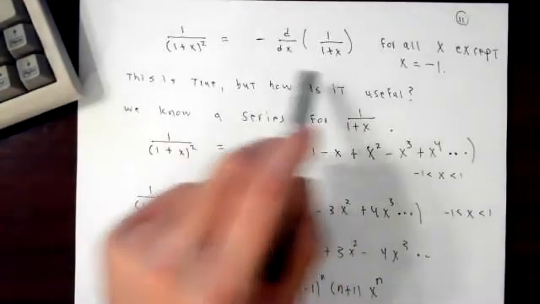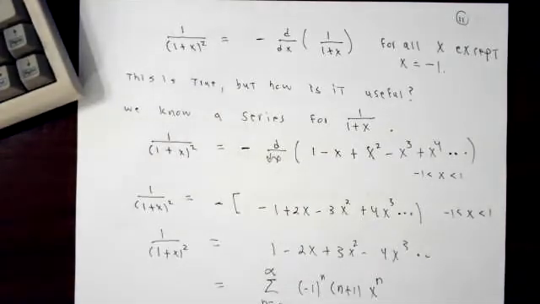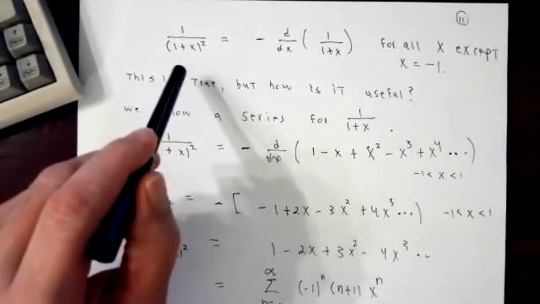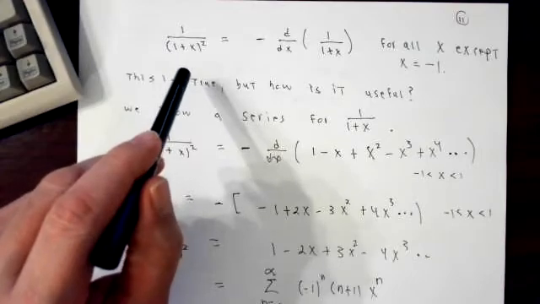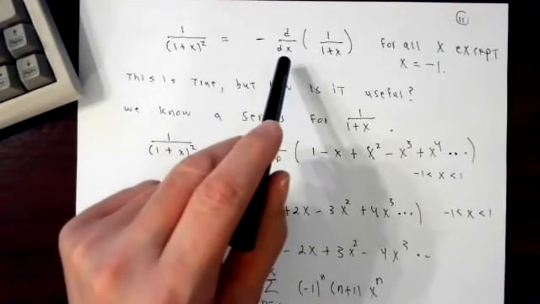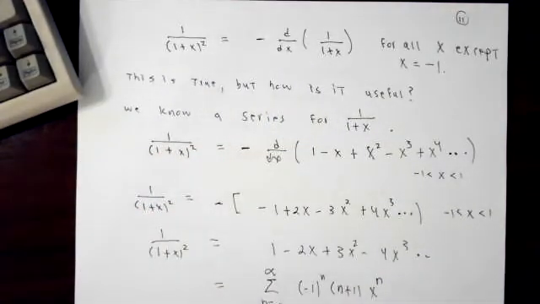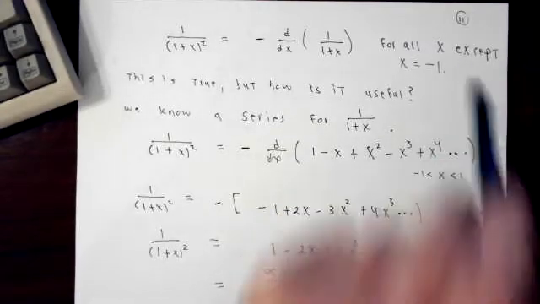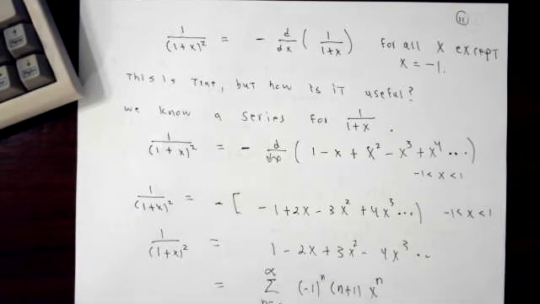This statement is true. You can check it yourself. You can do the quotient rule or a variety of other Calc 1 techniques, but it turns out that 1 over the square of 1 plus x is the negative of the derivative of 1 over 1 plus x. This is true for all x values except x equal -1, where these formulas don't even make any sense.